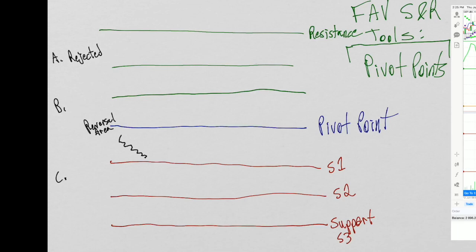It can also do what I consider a rubber band in that area, which basically means it's going to breach or cross that area of support or resistance, but that support or resistance is going to cause it to turn direction after it crosses that area. And then option C, the final option, would be breakthrough.